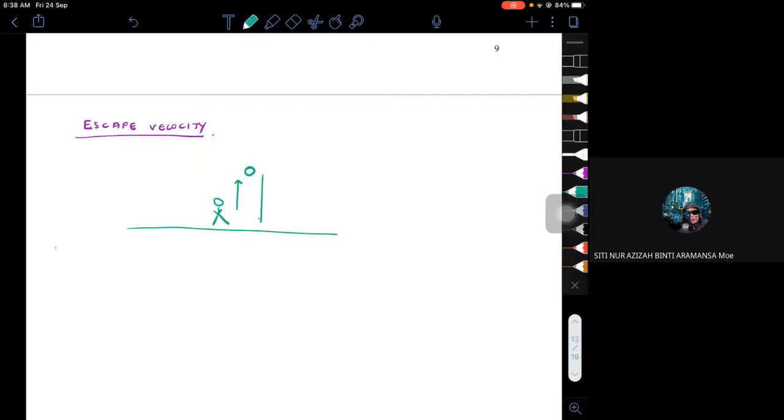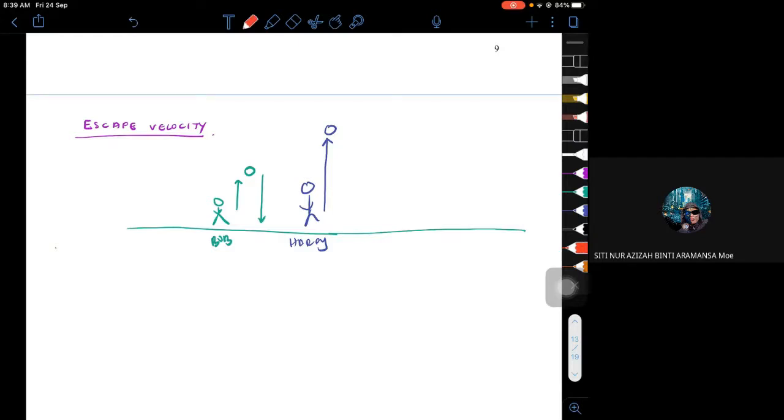So obviously bola ni akan jatuh ke bawah kan? Okay. Lepas tu, katalah nama ni Bob. Lepas tu panggil lah Harry pula. Harry ni is slightly bigger. So dia pun baling lah bola tu kan. So what happened to the ball now? Anyone want to answer?